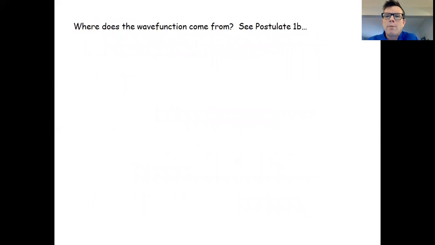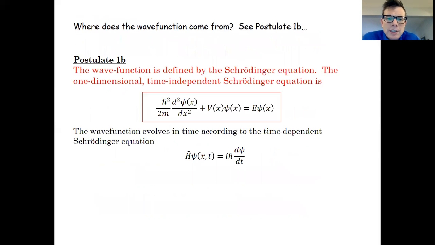Where does the wave function come from? Well, see postulate 1b. Postulate 1b says that the wave function is defined by the Schrodinger equation. The one-dimensional, time-independent version of the Schrodinger equation is here: negative h bar squared over 2m times the second derivative of psi plus V psi equals E psi.